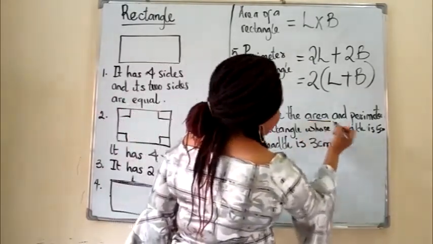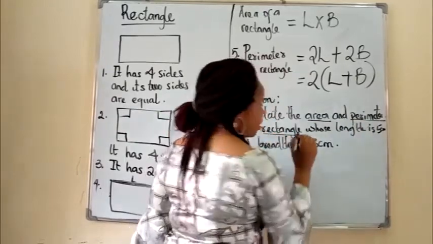The area, underline area, perimeter of what? A rectangle.